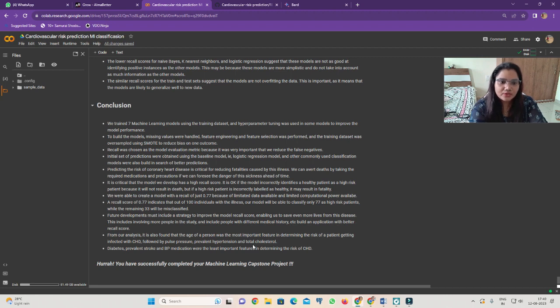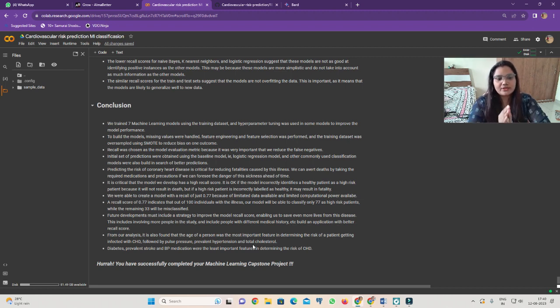We were able to create a model with a recall of just 0.77 because of limited data available and the limited computation power available. A recall score of 0.77 indicates that out of 100 individuals with the illness, our model will be able to classify only 77 as high risk patients, while the remaining 23 will be misclassified.